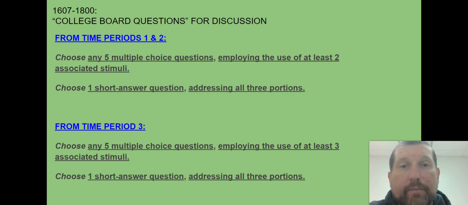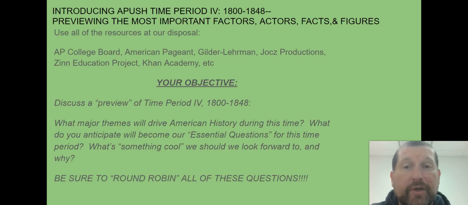For your second portion, you're going to be tackling both options on this first choice. If you choose not to go about this, you don't want to get into discussing your rationale for how you tackle multiple choice questions, then you'll be going outside of time periods 1 through 3, and you're going to be discussing time period 4.